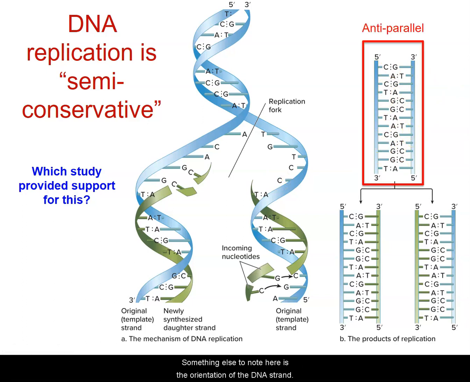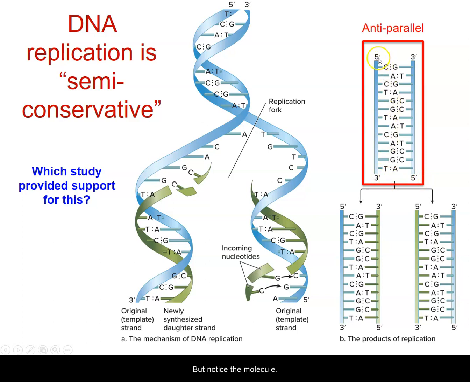Something else to note here is the orientation of the DNA strands. They're what we call anti-parallel. And you can see here that you have a 5' end and a 3' end. So a 5' end of one part of DNA faces the 3' end of another, with its specific base pairing here in the middle. And then the 3' end and the 5' end of the bottom part of it also faces each other.